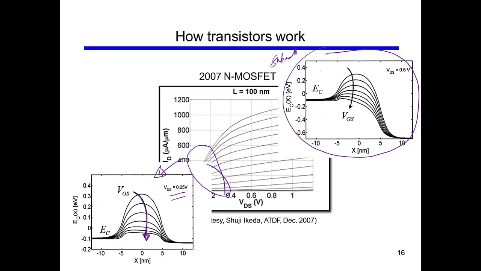So where is the saturation region in this graph? It is here. You see here VDS is greater, so this is the saturation region. It is greater than VDS linear. The VDS linear is down here. It is very small.